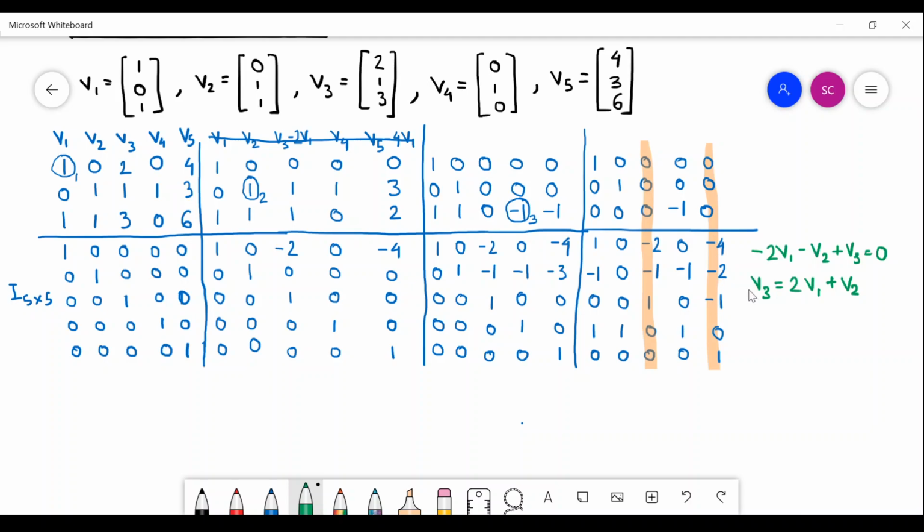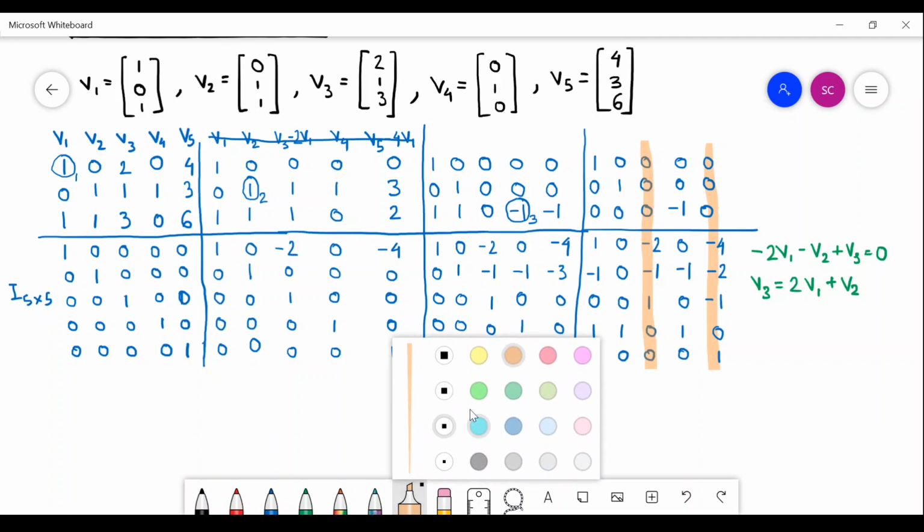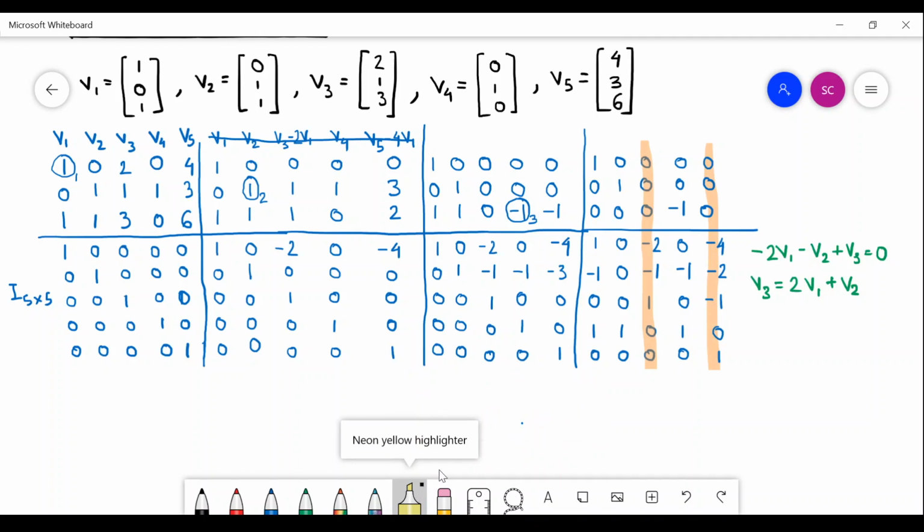So here you found the first dependence relationship as v3 equals 2 v1 plus v2. So this vector v3 is equal to 2 v1 plus v2.